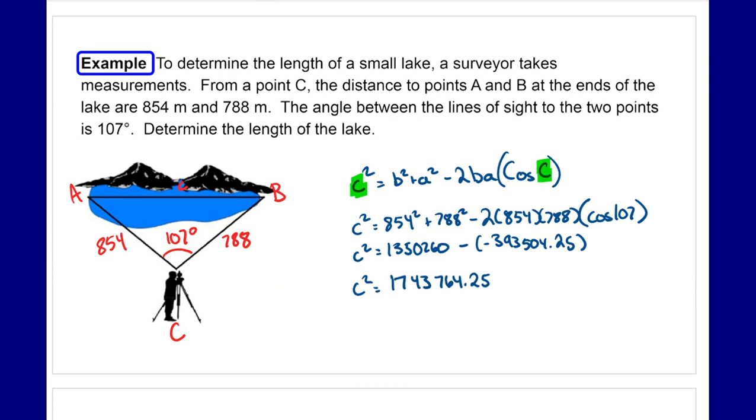Now, to get c by itself, we need to take the square root of this answer. That will cancel out the squared. We get c equals 1,320.52.